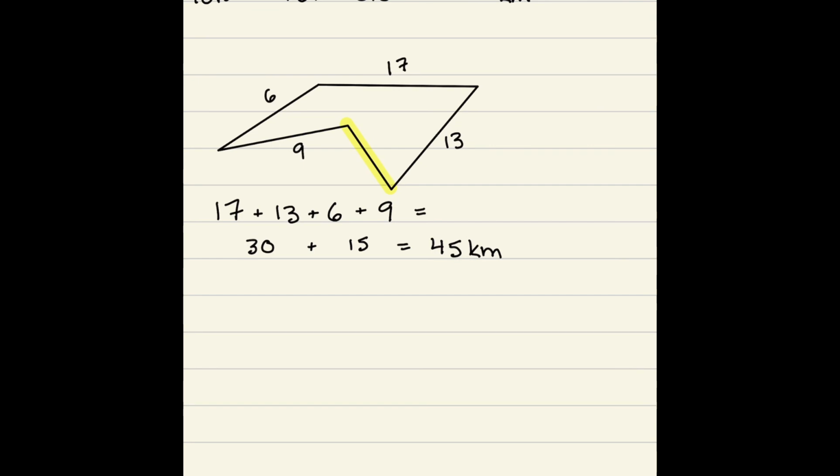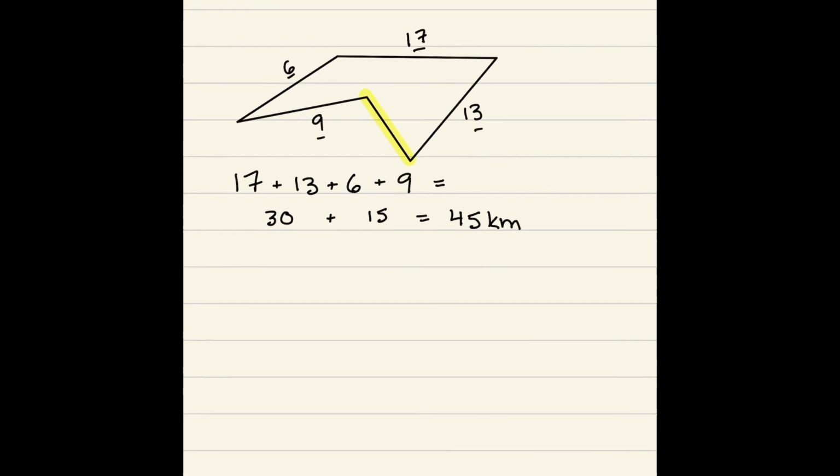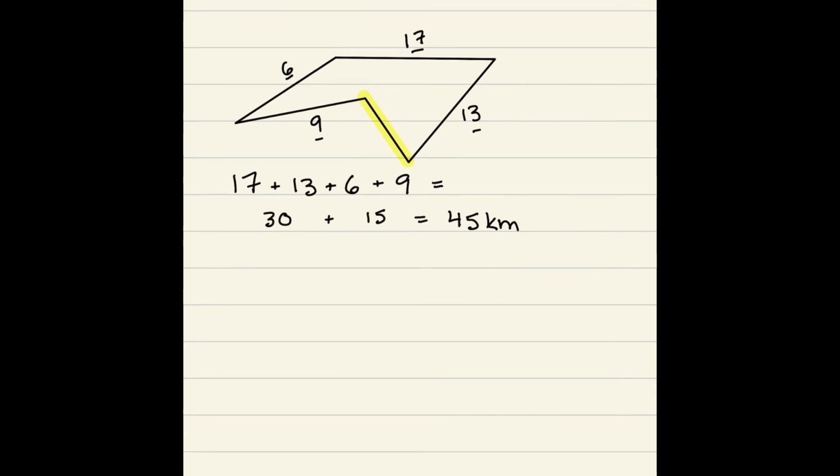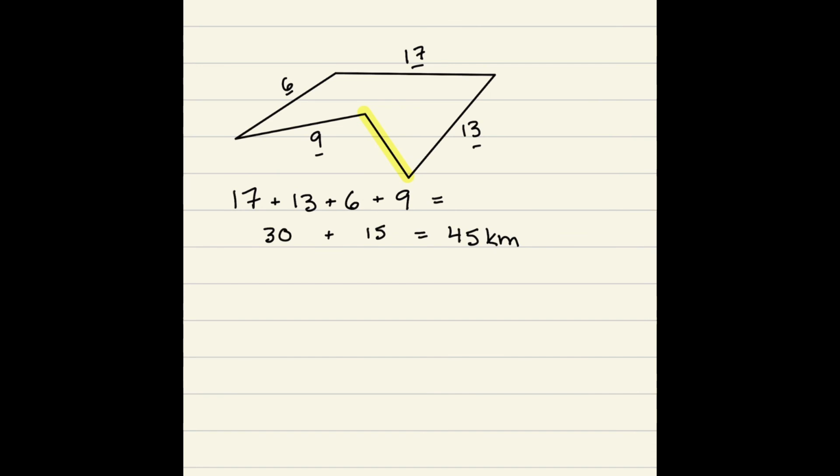Okay, so with what we already have, these 4 numbers, we get 45 kilometers, and we have to find the missing side. So the easiest thing to do is subtraction. And this is some pretty easy subtraction here. We have 49 kilometers minus 45 kilometers is equal to 4 kilometers. And that is our missing side.